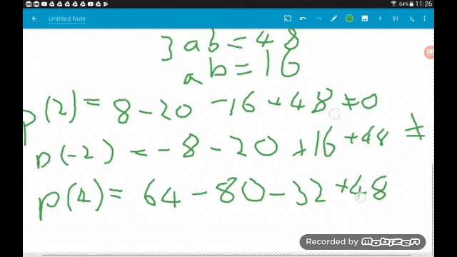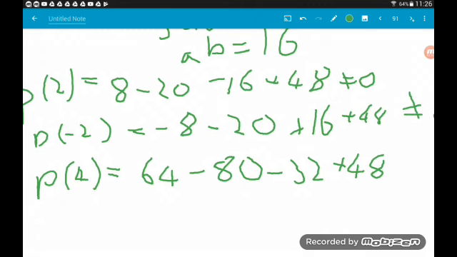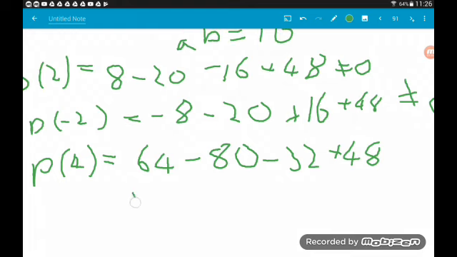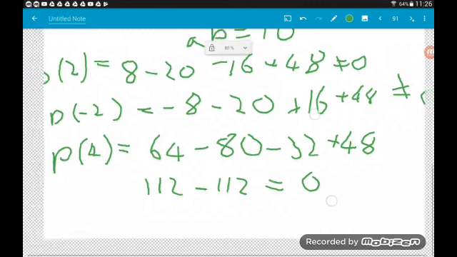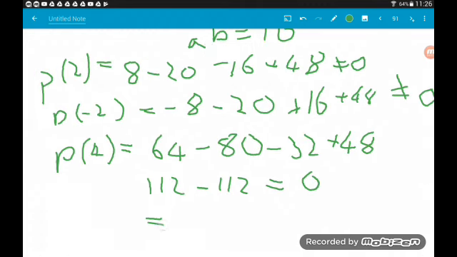Now 64 plus 48 is 112, minus 80 minus 32 is minus 112, which does indeed equal 0. Good times. Therefore, x minus 4 is a factor.